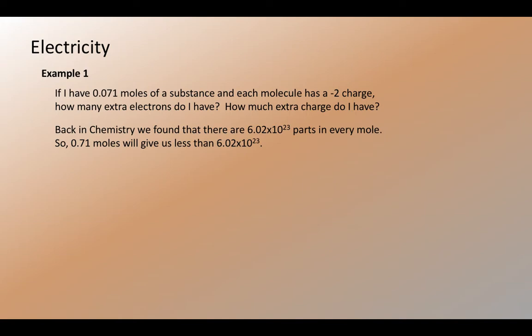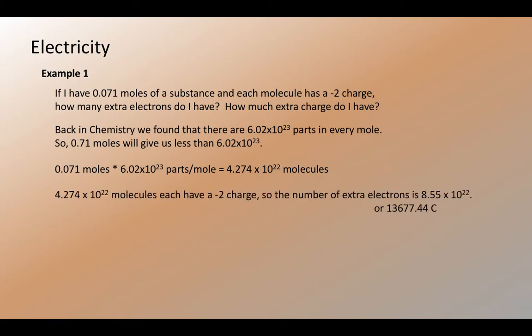So, 0.071 moles will give us less than 6.02 times 10 to the 23rd, because 0.071 moles is less than 1. So we take our 0.071 moles, multiply it by 6.02 times 10 to the 23rd parts per mole, and we get 4.274 times 10 to the 22nd molecules.